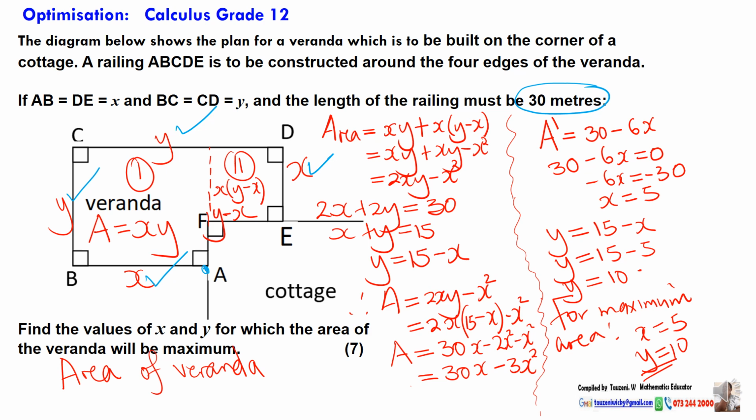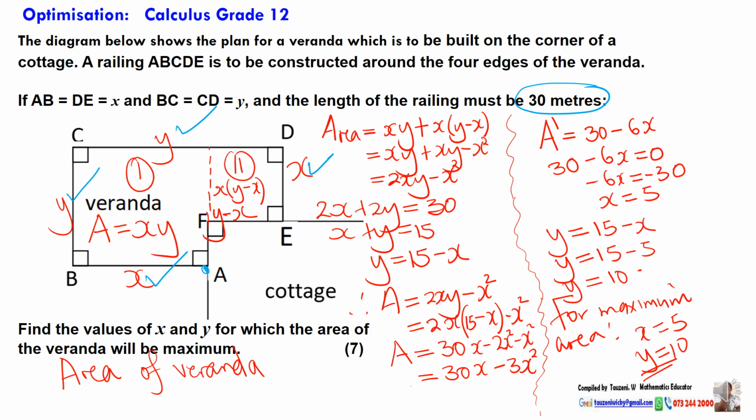So quickly to recap what we have done here. Number 1, you formulate an equation that represents the quantity that you need to maximize. Number 2, make sure your equation has got one variable. If there are more than one variables, you formulate another one and substitute and simplify to simplest form.